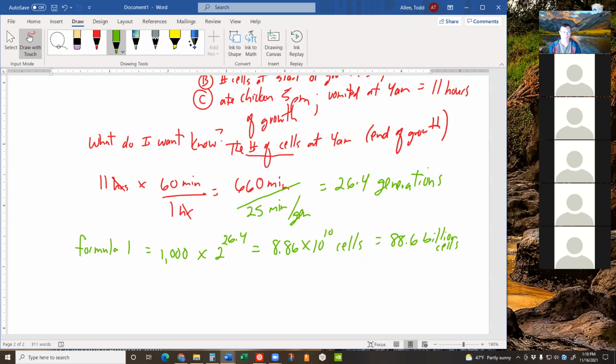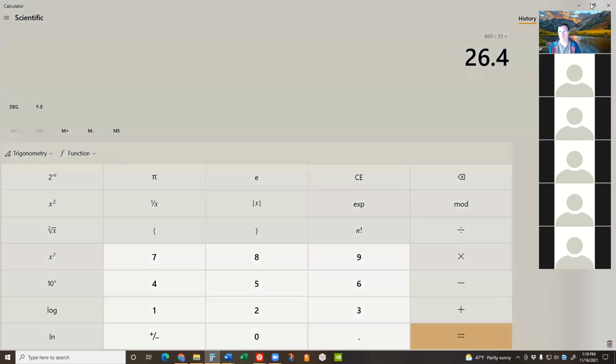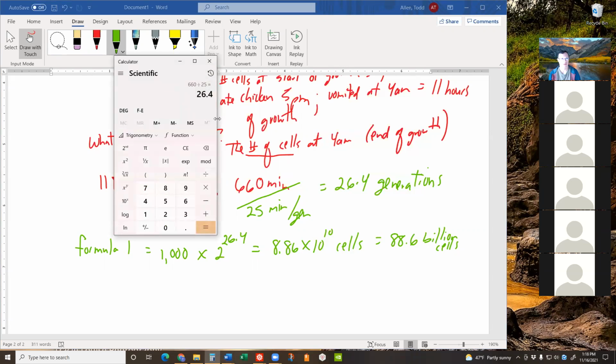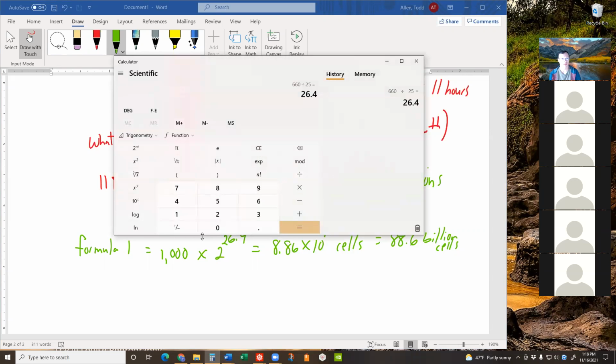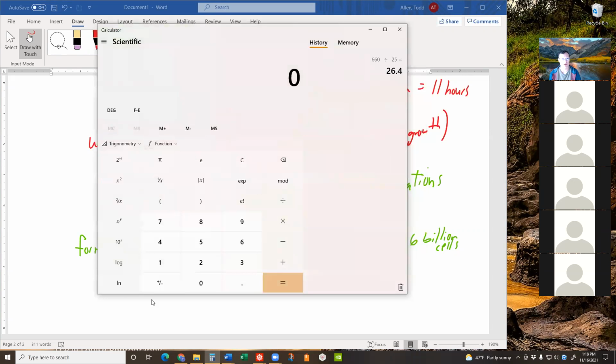So to do this in the calculator, here's what I would do. Okay, so to do that calculation, here's what I'm going to do. I'm going to take 1,000. I'm going to multiply it by the number 2.